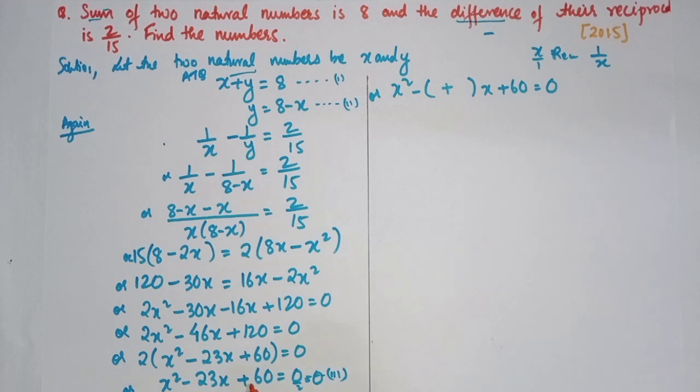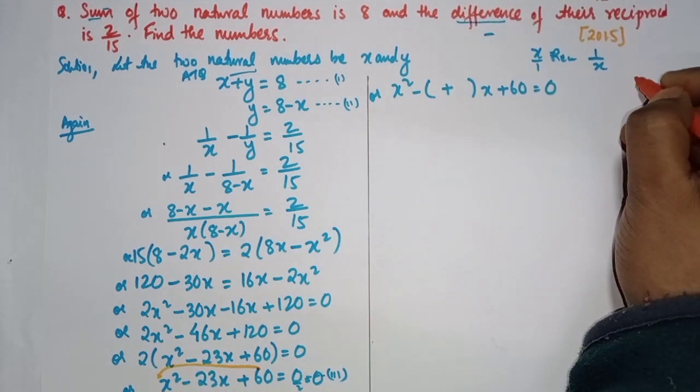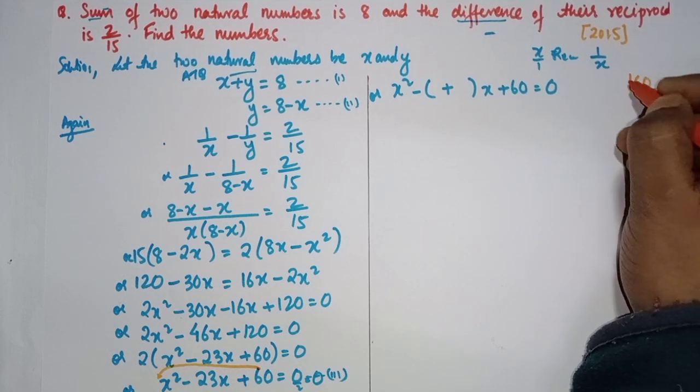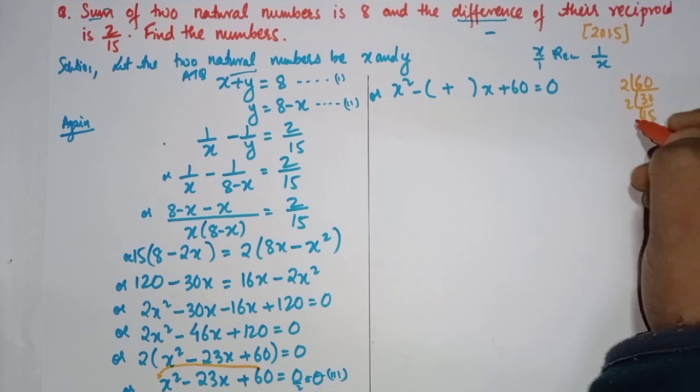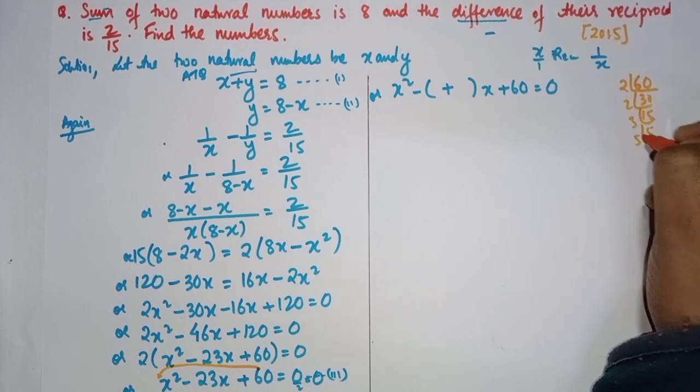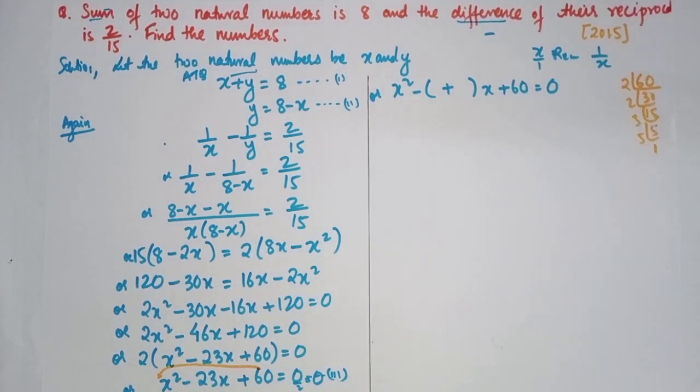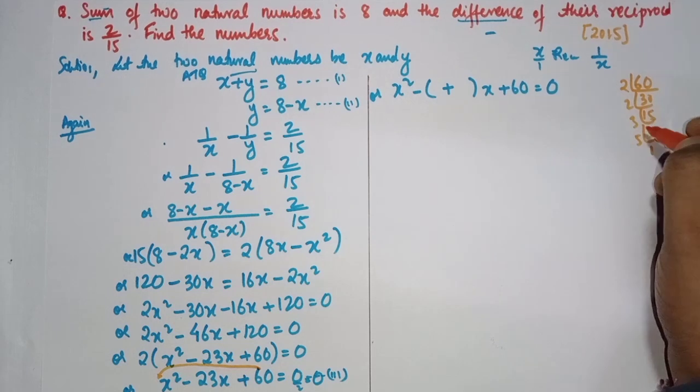This 60 will be multiplied by the 1. 60 ones are 60. So I got 60. Now you will do the factors of 60: 2, 30, 2, 15, 3, 5, 5, 1s are. So adding it should give 23 and multiplying it should give how much? 60.